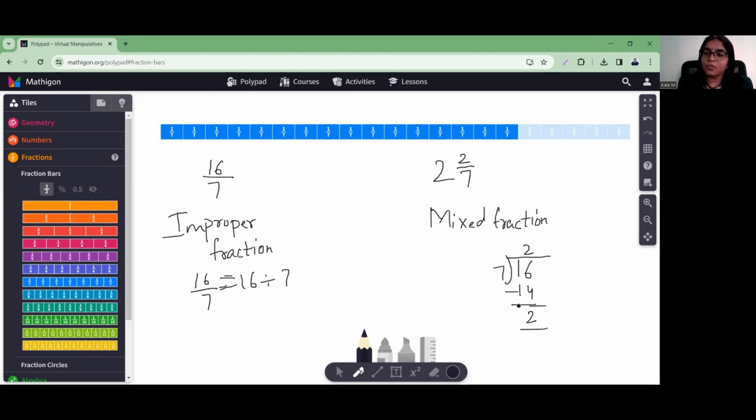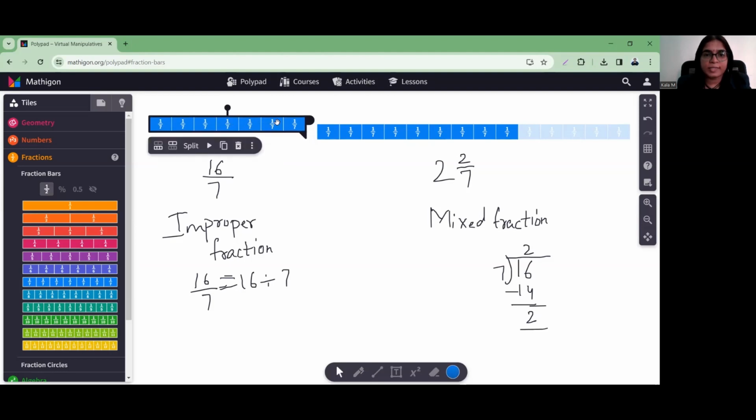Now, what is the meaning of this? 16 pieces were there and in that, groups of 7 were made. See here, the entire blue part had 16 pieces, right? Now I could make two groups of 7. This is one group of 7: 1, 2, 3, 4, 5, 6, 7.